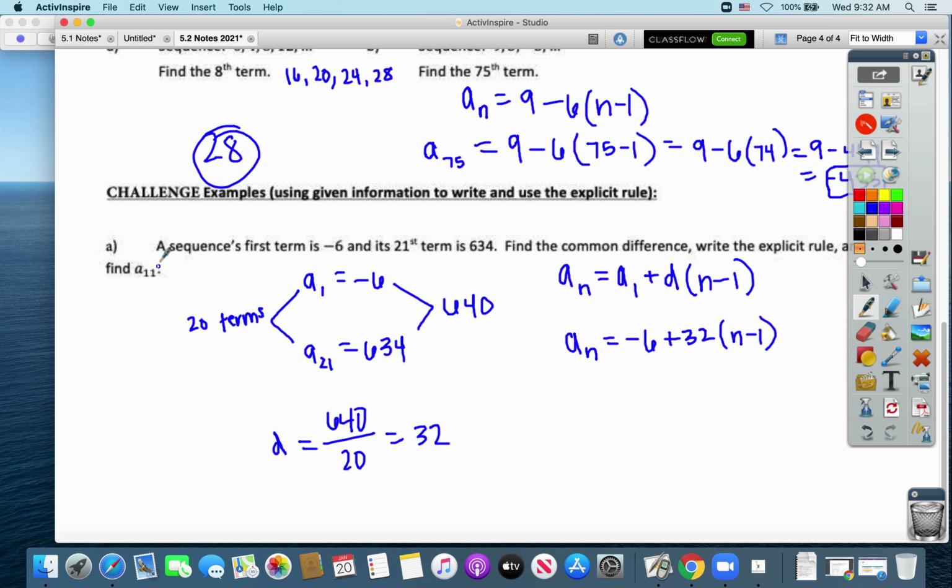And then it asks us to find a sub 11, which is the 11th term. So on this one, just like our previous example, we're plugging in 11 for n. So -6 plus 32 times 11 minus 1, which gives us -6 plus 32 times 10, which is -6 plus 320.